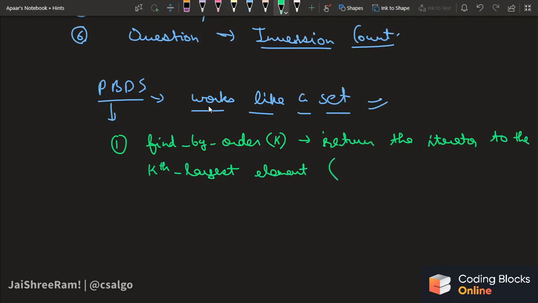Basically I have to start from 0, so I'll explain, don't worry. Start from zero, so the zeroth largest is actually the first largest.